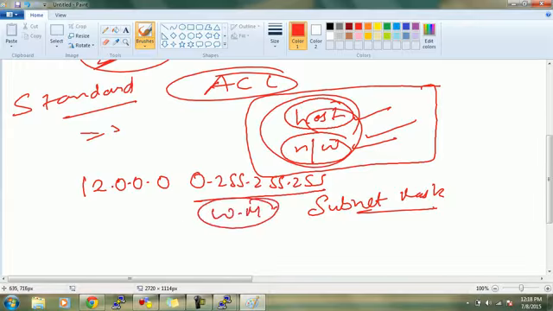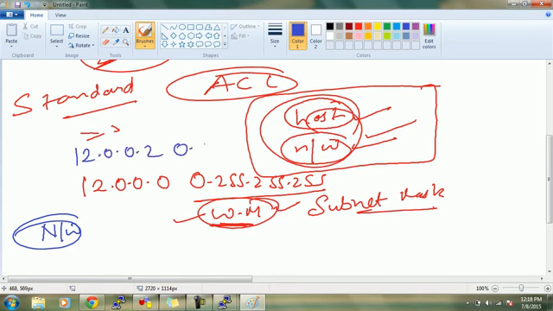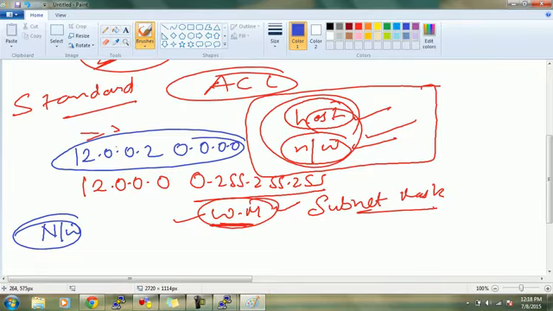Wildcard. In ACLs, we always use wildcard mask. So this will match what? Network. Agree? But if I write it like this, 12.0.0.2 0.0.0.0, what will it match? IP. Agree? This is clear to all of you.